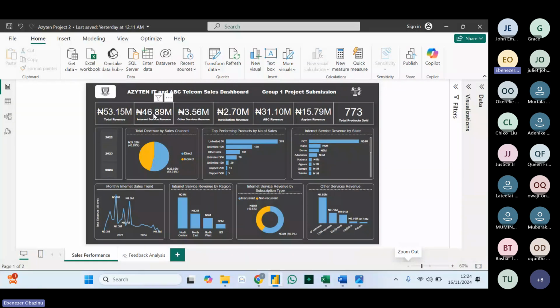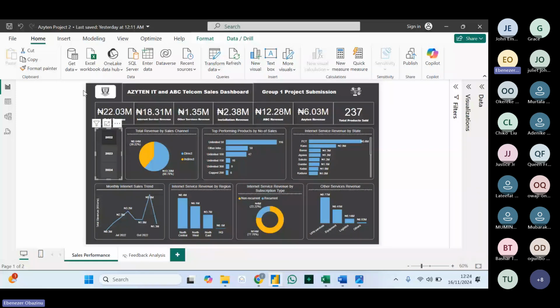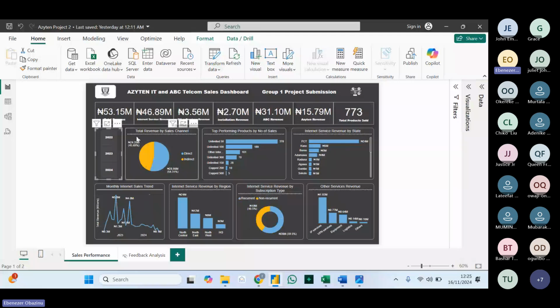Then internet service revenue only, and other services at 3.5 million, and we put a slicer here in case Azyten or ABC want to drill down by year. So if you drill down by 2022, the total revenue from 2022 is 22 million, and the total products sold in 2022 stand at 237 products sold.